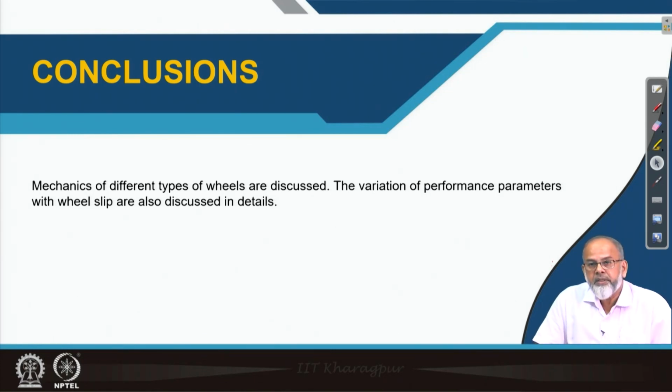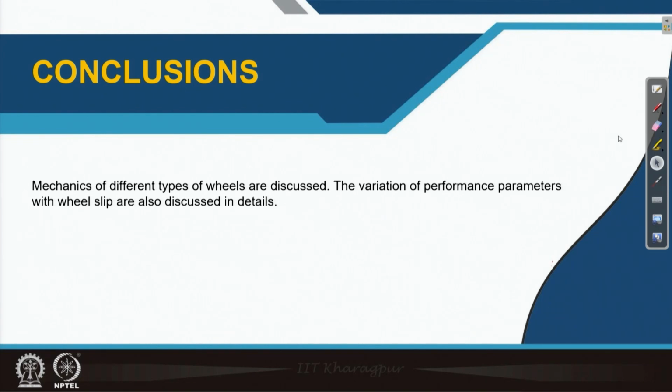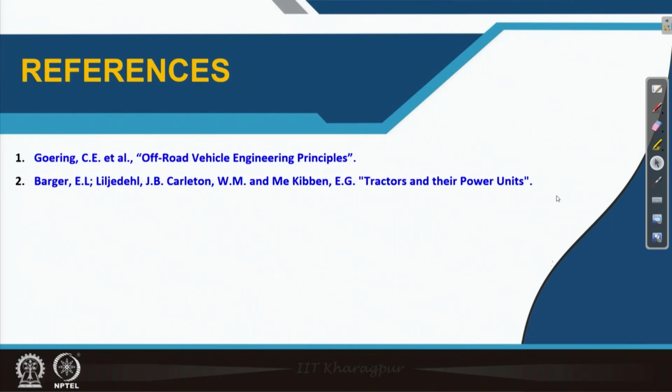We discussed the mechanics of different types of wheels, then how these performance parameters vary with slip and with net traction ratio, and how to represent in a different way the tractive efficiency that we have discussed in this class. You can refer to some of these books for further increasing your knowledge related to this mechanics. Thank you.